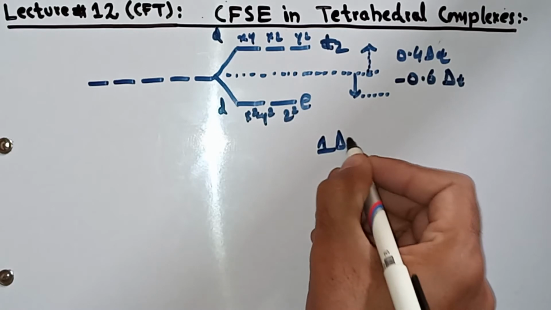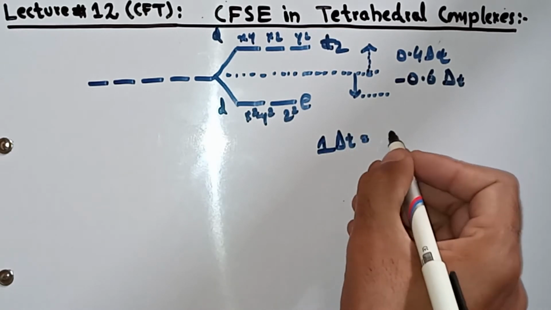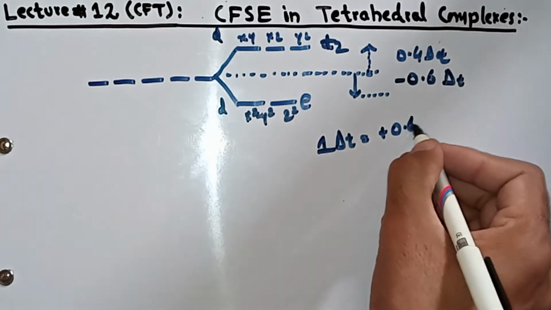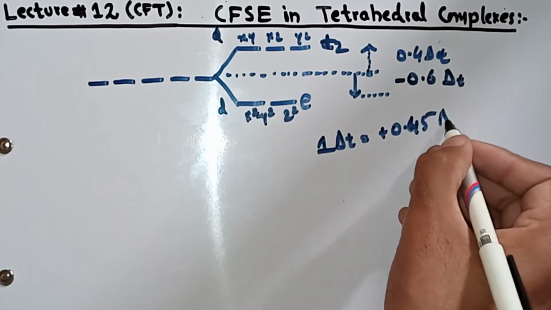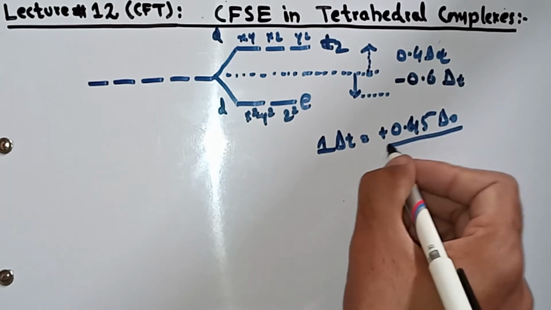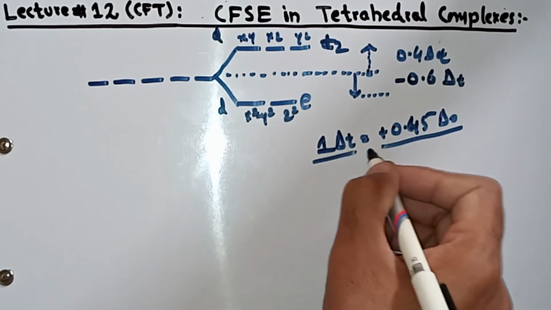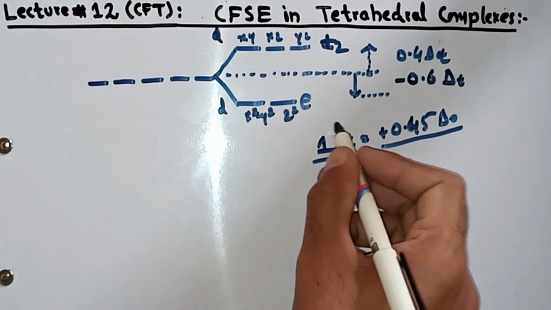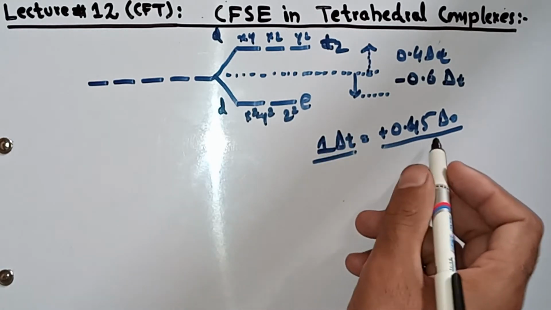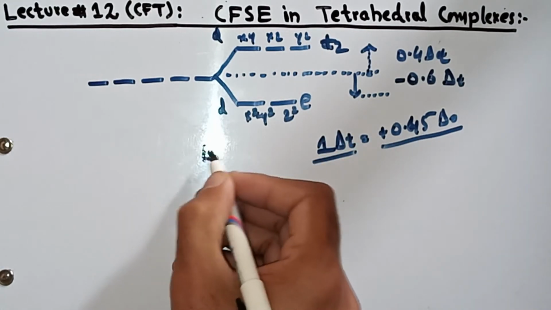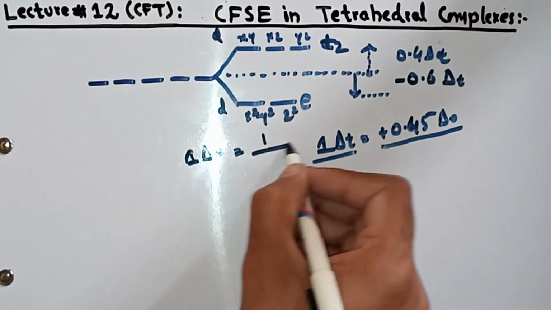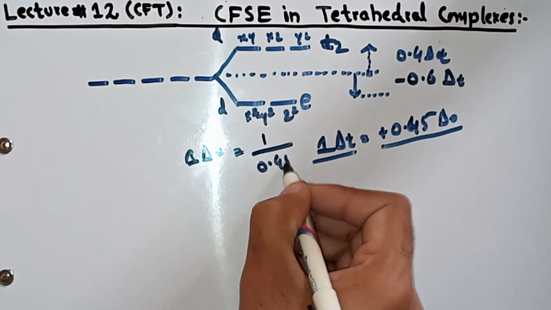Also, delta t is equal to 0.45 delta naught. It also means that delta t will always be less than delta naught, or you can say that 1 delta naught will be equal to 1 divided by 0.45 delta t.